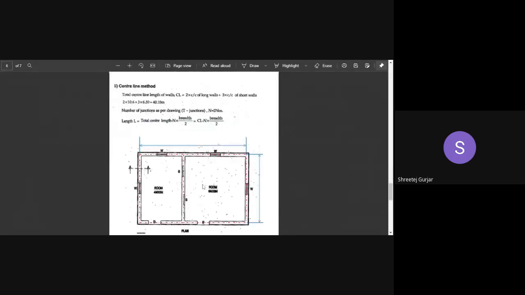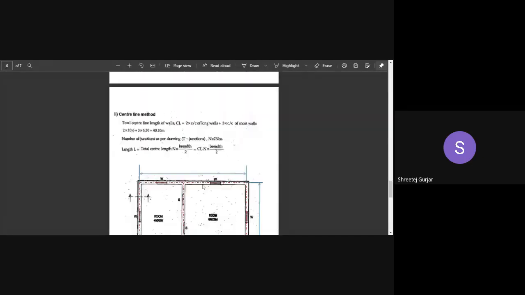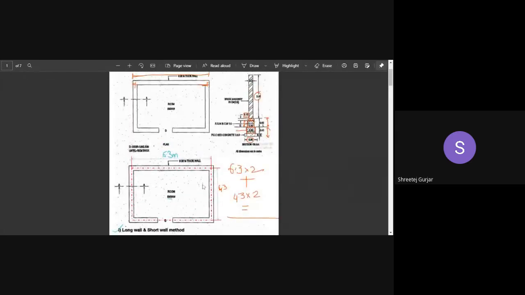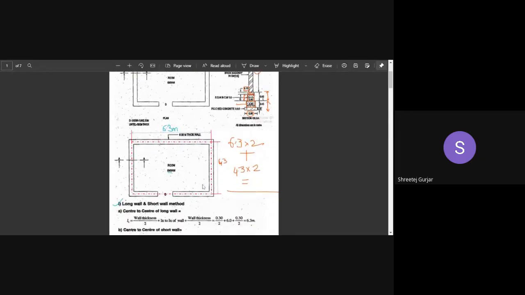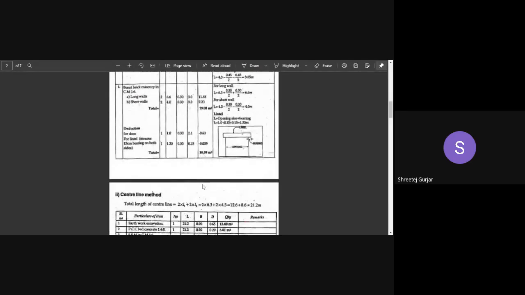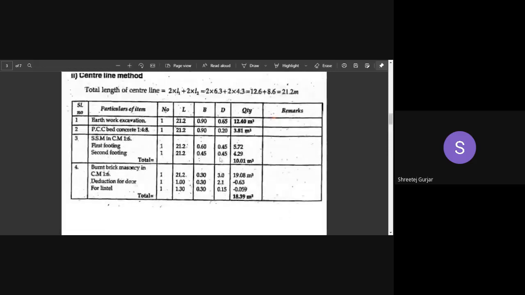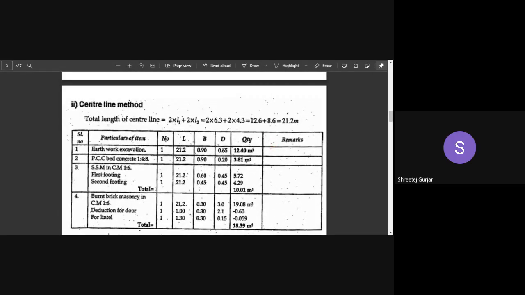See, this is a center line, and a few calculations are required for the center line because of the junctions involved here. In the first problem there were no junctions involved. But from the second problem, junctions will start to come, and we have to compensate accordingly for the deductions. I hope others are done copying down things.